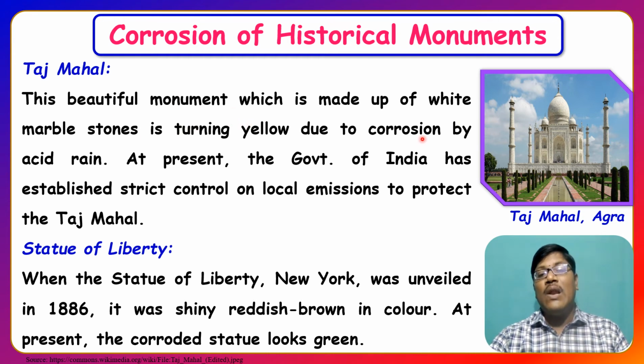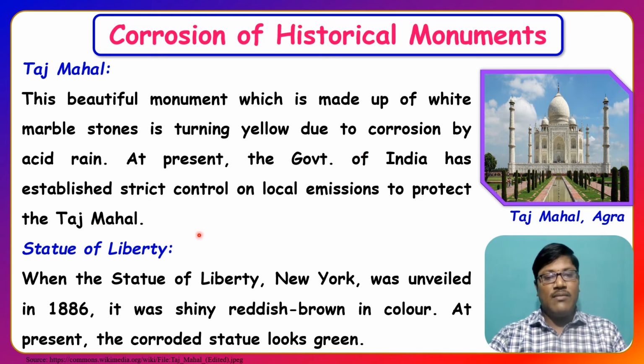It is turning yellowish due to corrosion by acid rain. The excess emissions of oxides of nitrogen and sulfur in the Earth's atmosphere from the surrounding industries of Agra are responsible for the acid rain. Now, the government of India has established strict control on local emissions to protect the beauty of the Taj Mahal.